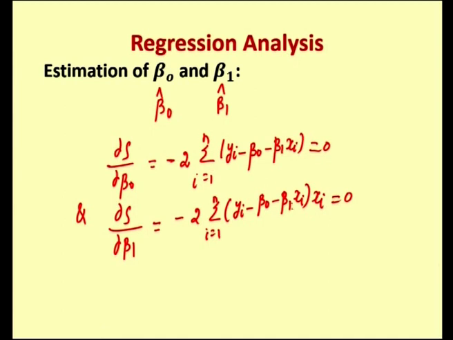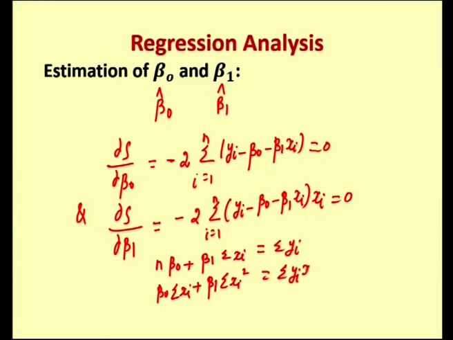Simplifying these two equations we get n beta naught plus beta 1 summation xi is equal to summation yi, and beta naught summation xi plus beta 1 summation xi squared is equal to summation yi xi.